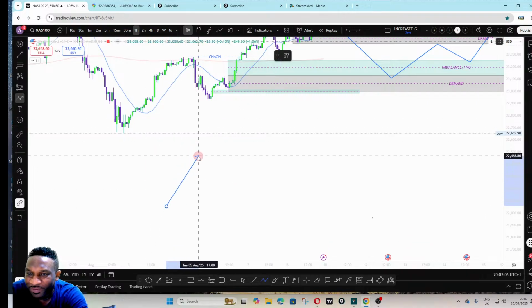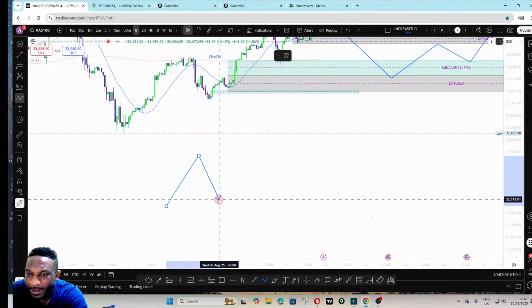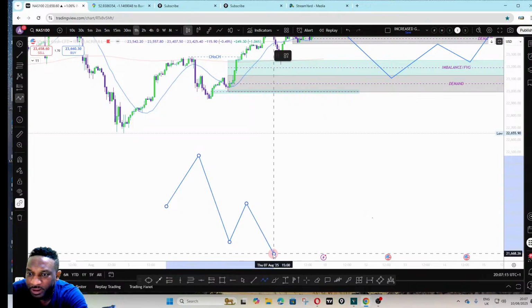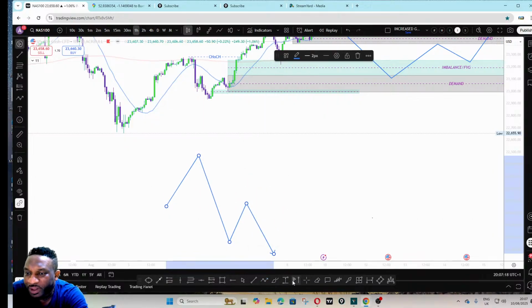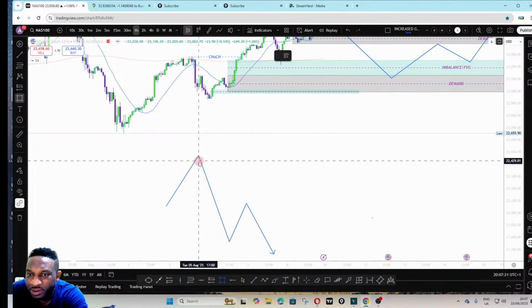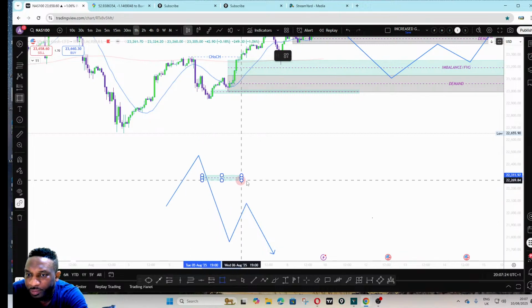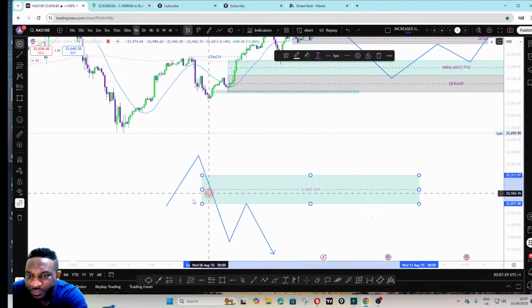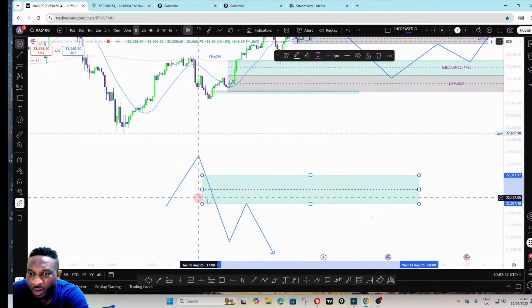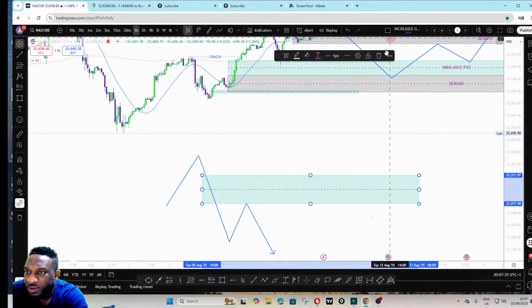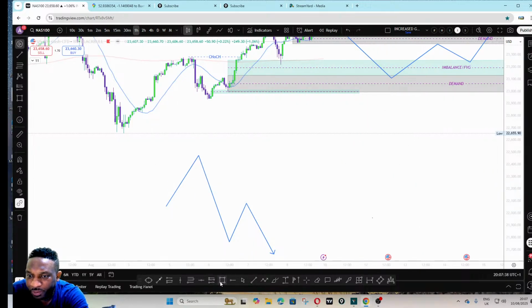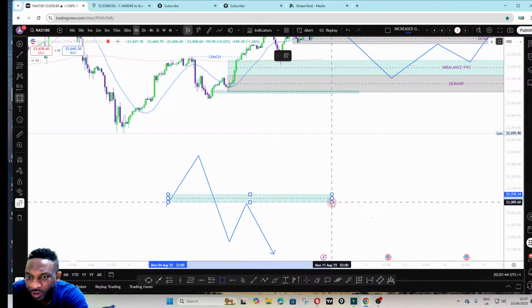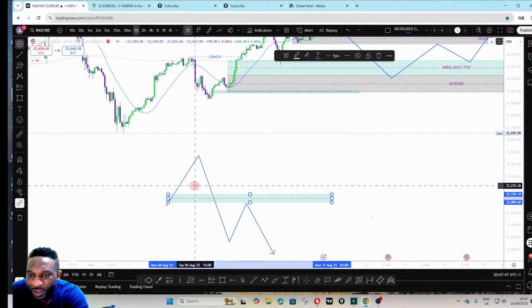So let's say we have some imbalance right here, and price was coming down.